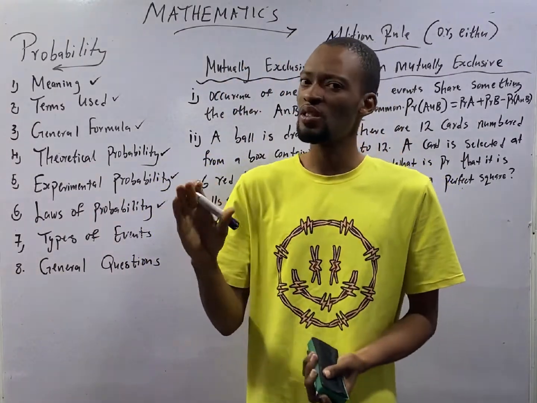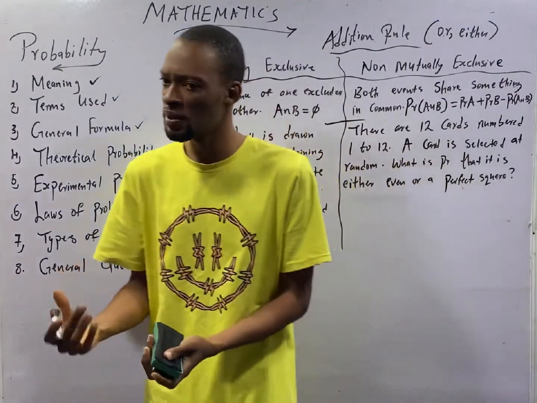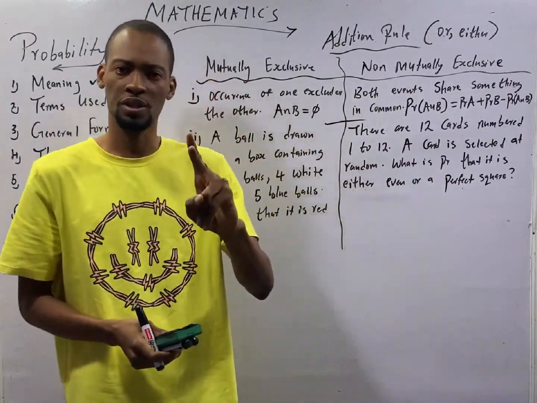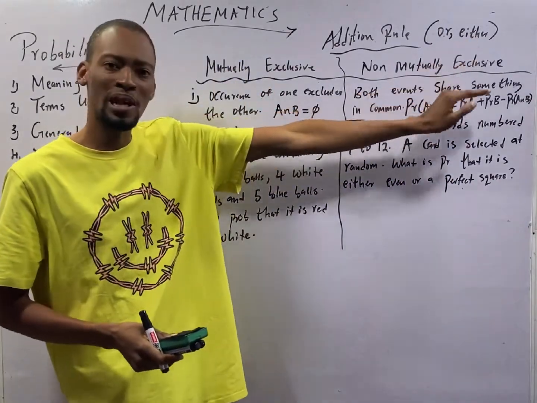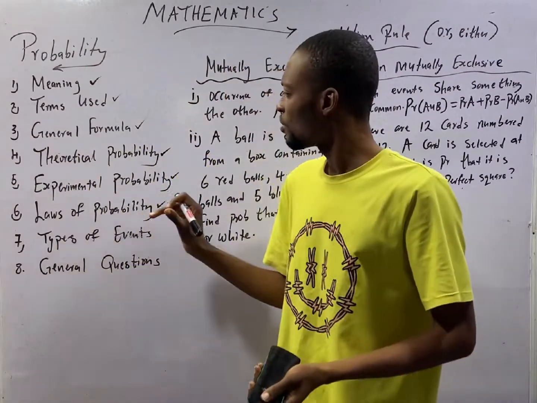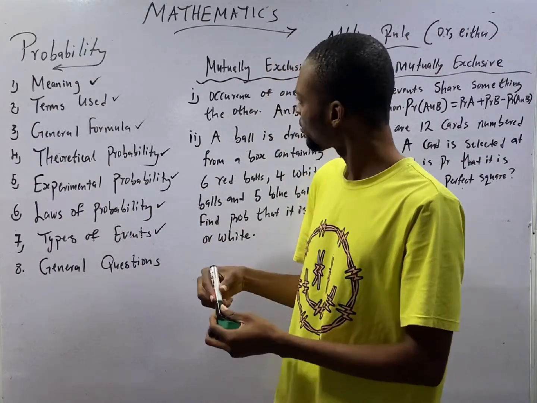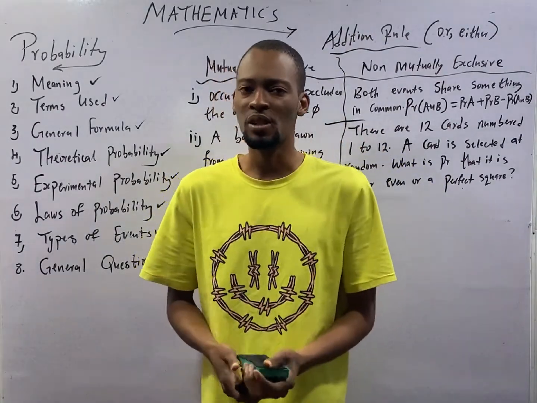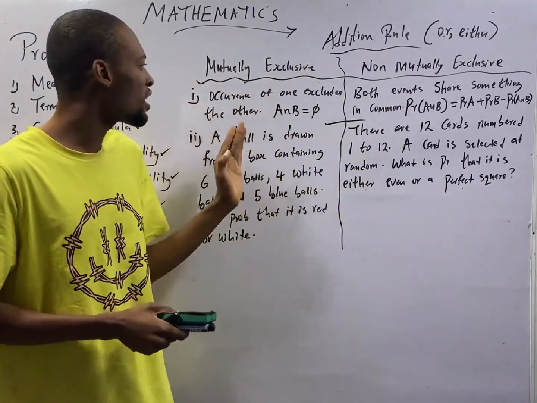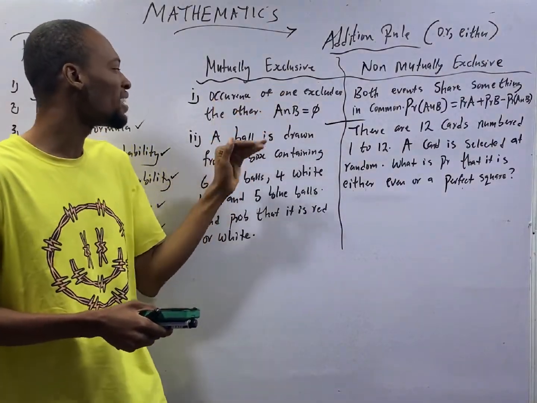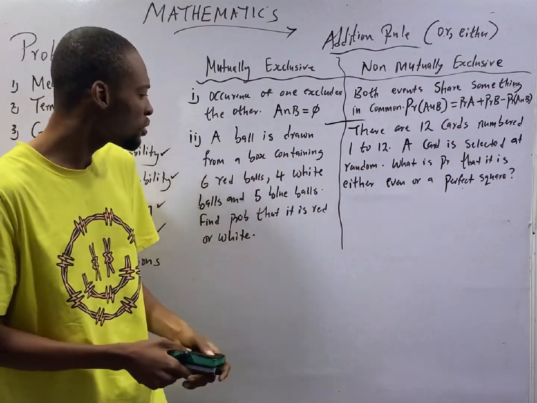Addition in probability, or the addition rule, comes in two parts. When it has to do with addition in probability, you have two types of events: mutually exclusive events and non-mutually exclusive events. What are mutually exclusive events? Mutually exclusive events are events where the occurrence of one excludes the other.